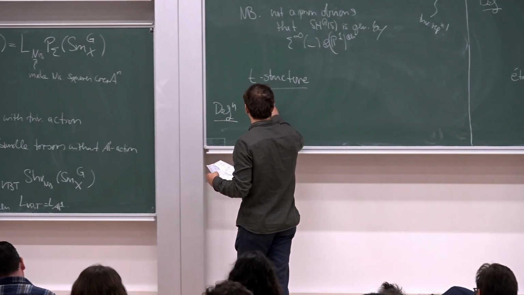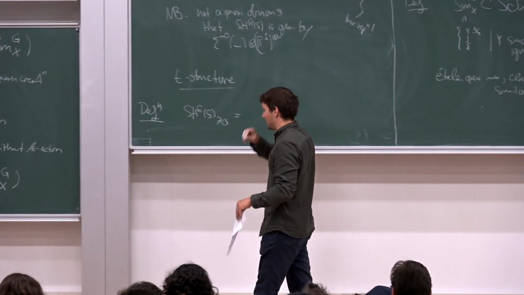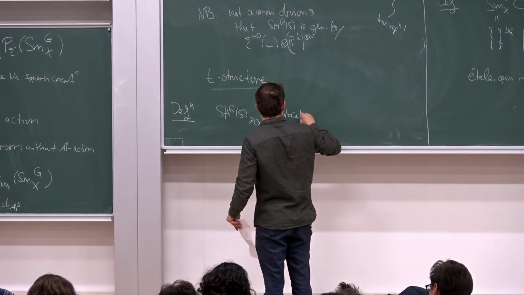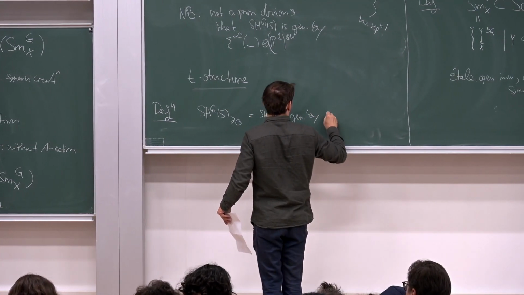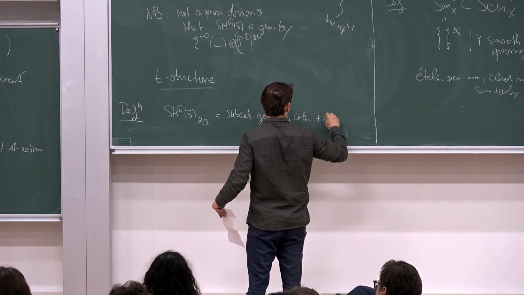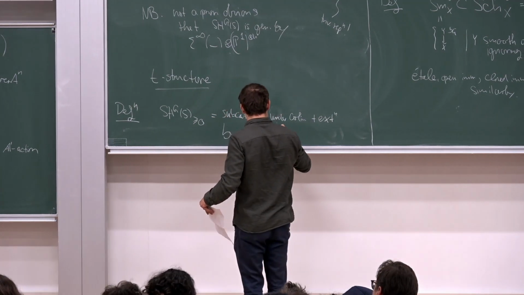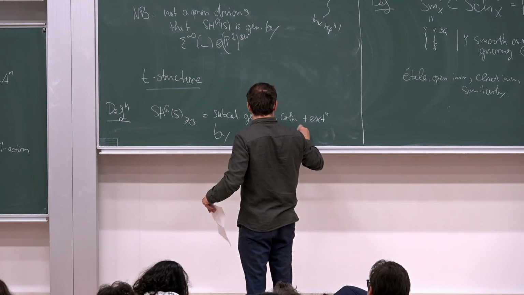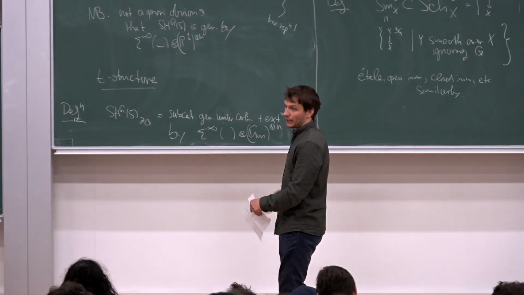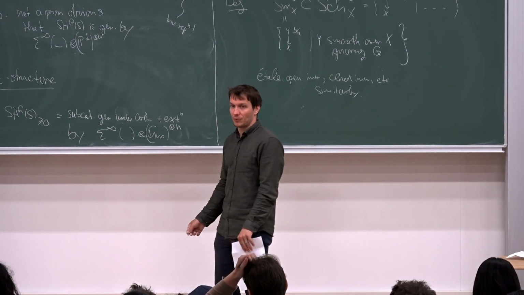So I define SHG of S greater than or equal to 0 to be the subcategory generated under colimits and extensions by these guys: sigma infinity of anything tensor GM. You don't take P1, you take GM. Some magical observation of Voevodsky and Morel that this somehow classically gives you something very good.